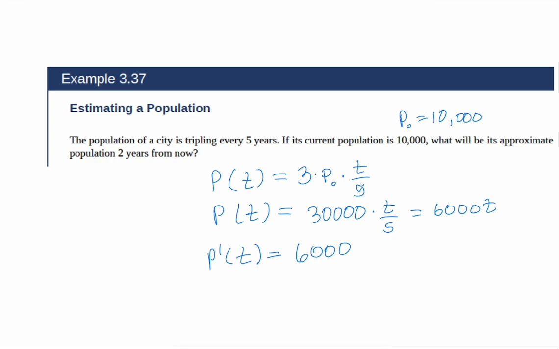And for a linear equation, we should expect that's our rate of change. And so this one's kind of a silly one. 2 years later, it would just be 6,000 times 2. We should expect the population to be about 12,000. So why they made this one a derivative, I don't know, but there you go.